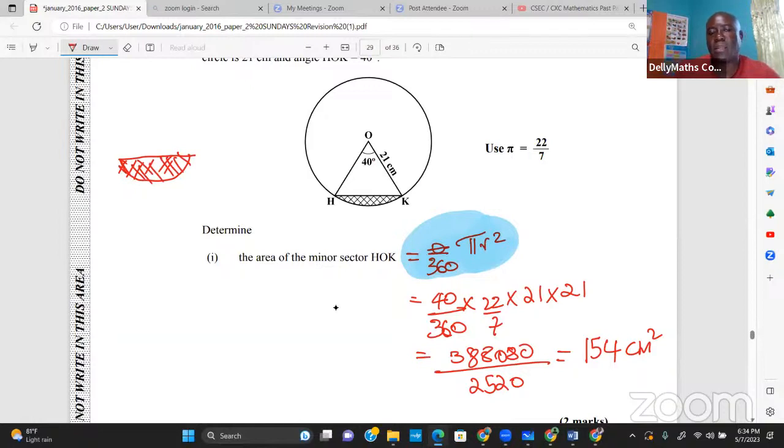The sector is a triangle combined with that. So if I pull off the triangle by subtraction, I'm left with the shaded portion. The correct name for it is a segment. They might ask you about a segment next time.